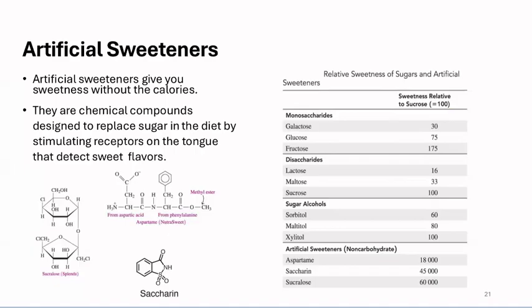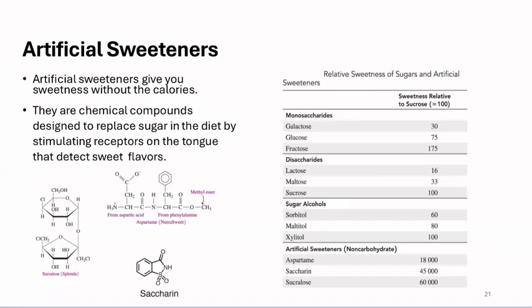There are a number of artificial sweeteners that are currently in the market, including sugar alcohols. And here I'm introducing some of the common ones that we have commercially available, starting with sucralose. Its marketing name is Splenda. Sucralose, similar to sugar alcohols, is carbohydrate derived.